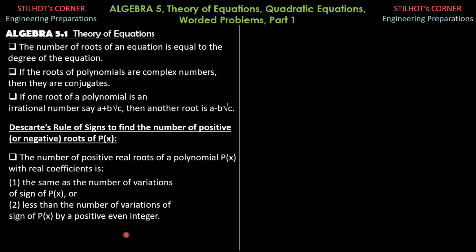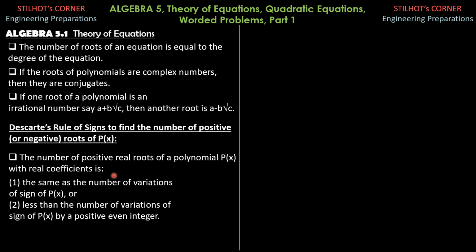Meaning to say, based on this test, after we count the number of variations in signs, let us say at the start there are 7 variations in signs in the polynomial, then the number of positive roots would be 7 or 5. Why 5? Because of this, less than the number of variations of signs of p of x by a positive even integer.